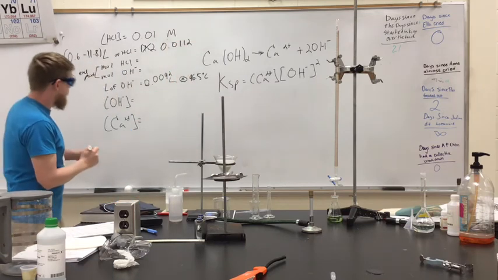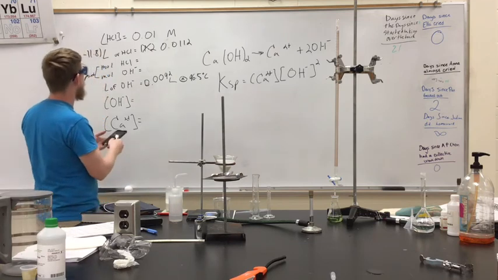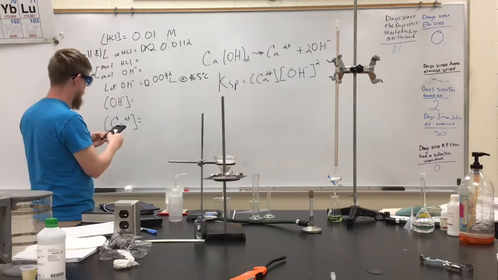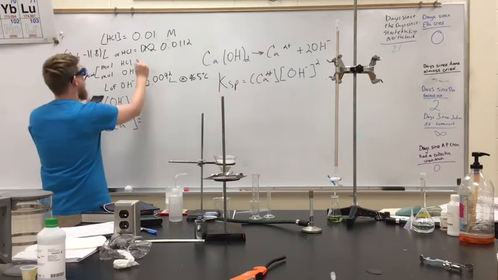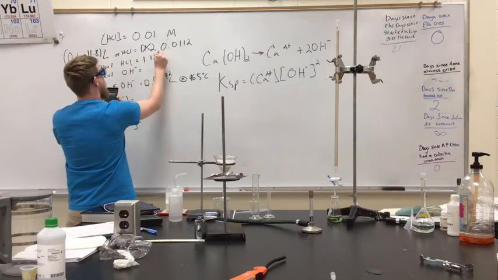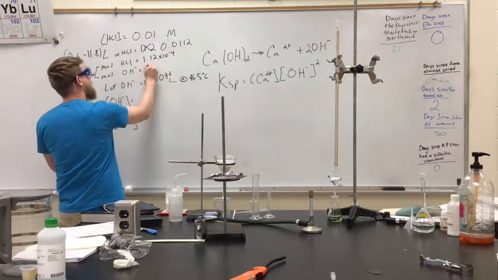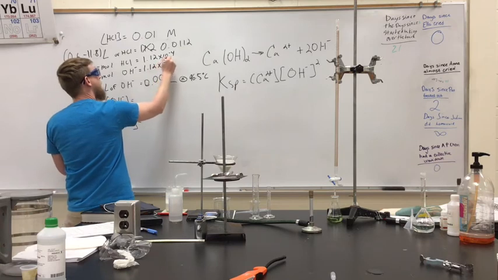Okay? We're going to multiply those two numbers to get our number of moles. 0.0112 times 0.01, and we get this number here. 1.12 times 10 to the negative 4th. Right? And since this is the equivalence point, it's also the number of moles of this.